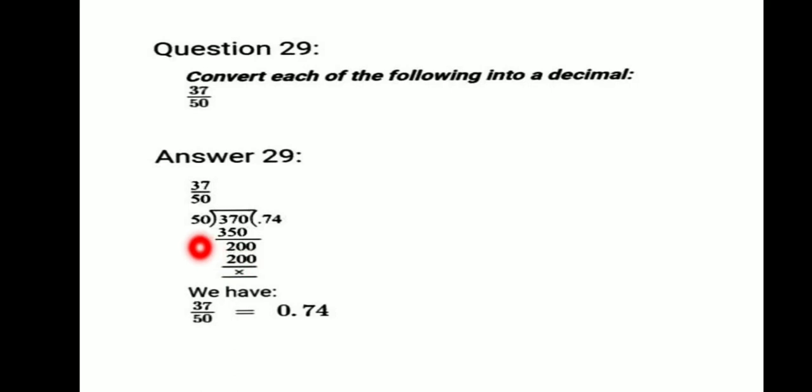You already mentioned a point here, so you can include a 0 in 20. Sorry, here it becomes 200 in place of 20. And now you can divide this in 4 times, so 200 is done, and your division is complete. Now the answer should be 0.74.